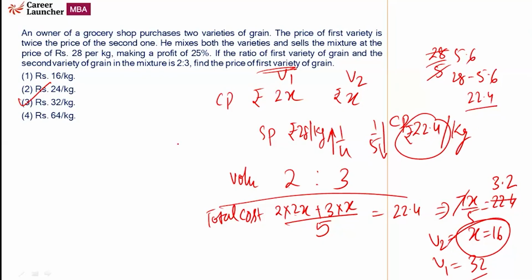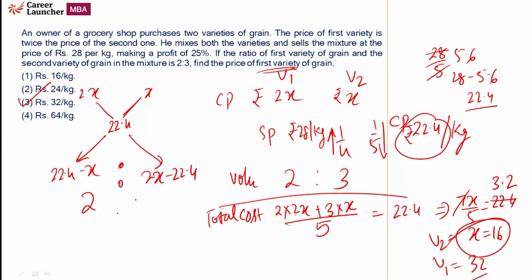Is it fine? I will also do this with alligation, for those who are still nervous. You don't have to do it now, this is a class that will come. I said 2x is a price and x is a price, and combining them you are getting 22.4. Write down the change on the diagonally opposite side: 22.4 minus x. Write the change on the other side, because you always write positive change. The ratio of this is 2:3.